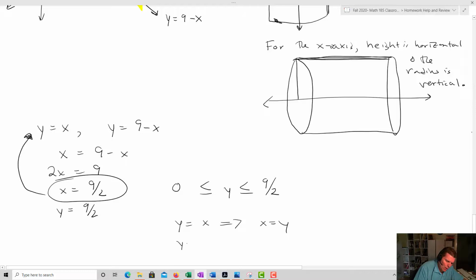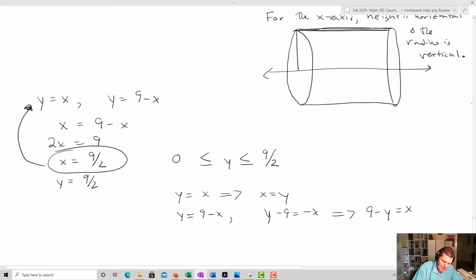And then I have y equals 9 minus x. So doing a little bit of algebra here, I get y minus 9 equals negative x, which would then give me that 9 minus y is equal to x. And so there's our function of x.